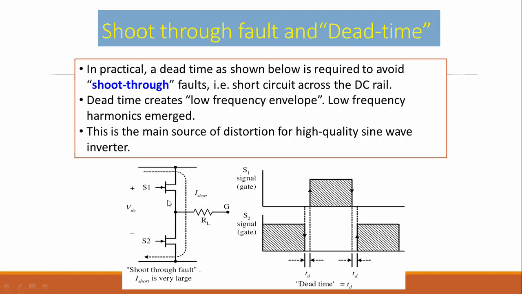If both thyristors turn on at the same time, a maximum or short circuit current will flow through this. We have to avoid it, and select the switching time such that when S1 is on, S2 is off, and when S2 is on, S1 remains off. This is also known as shoot-through fault, or the time in which this current flows is known as dead time.